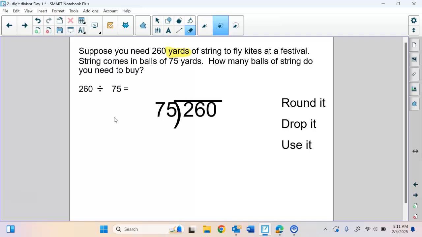And we talked about last week when it's measurement, we usually use it. So I'm going to circle that for right now. Okay, at the end, we're going to think about that. Does it make sense to turn our remainder into a fraction? Thinking real life, can I go into the store and buy the answer as a fraction?